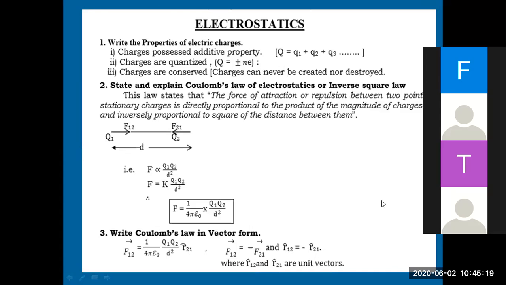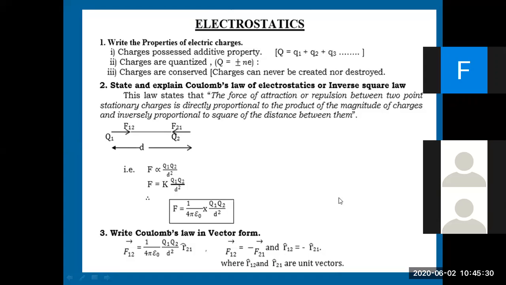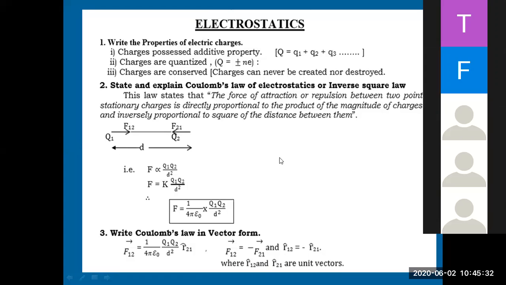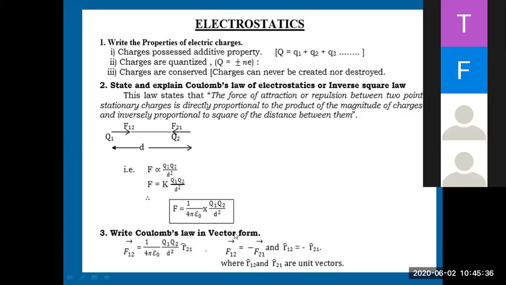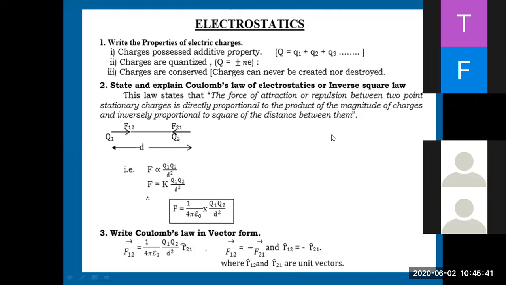Newton's third law. For every action? Every action there is an equal and opposite reaction. Very good. So that is the statement of Newton's third law. For every action there is equal and opposite reaction.